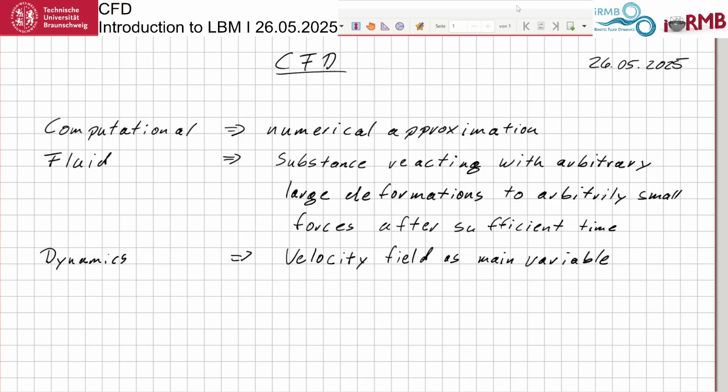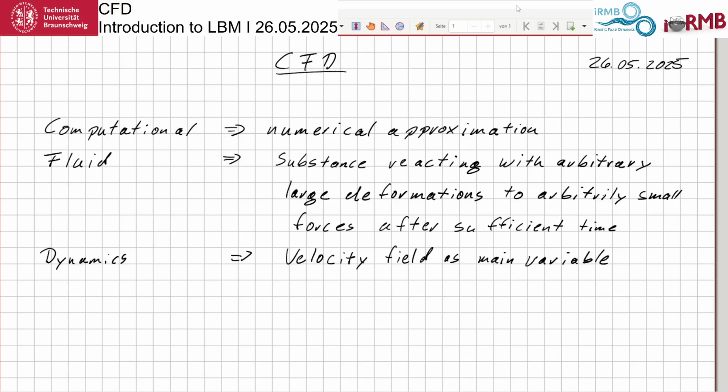And then we are interested basically not only in the pressure field, but also in the velocity field. That makes things dynamic. Dynamics does not necessarily mean that the velocity field is also changing in time, even though this is what we are mainly studying here.